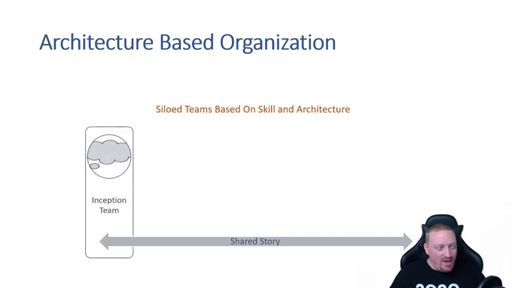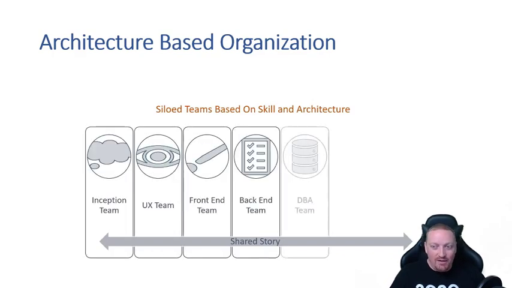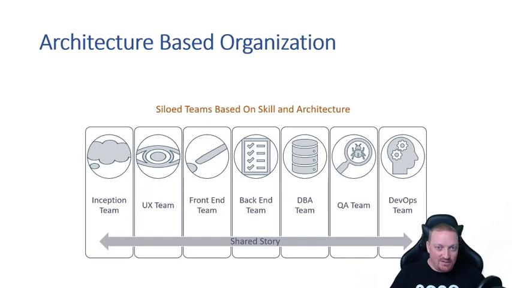And so what ends up happening is if there's any particular story that is a shared story that impacts the customer, it's going to span across all of these different skills and disciplines. And since we structured the teams according to those skills and disciplines or architecture, it means that one shared story has to essentially cross through all of these different teams, right?